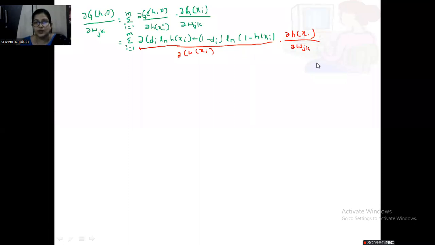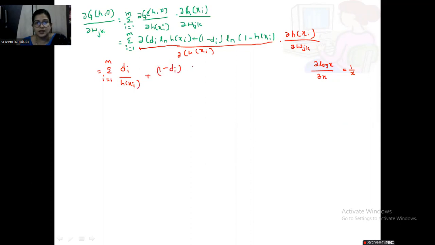The partial derivative of log x, that is dou of log x with respect to x, is 1 by x. With the help of this formula, let's simplify this part. So it is sigma i equals 1 to n, di. Here I have log h of xi, so it will become 1 by x, so di by h of xi, plus 1 minus di.